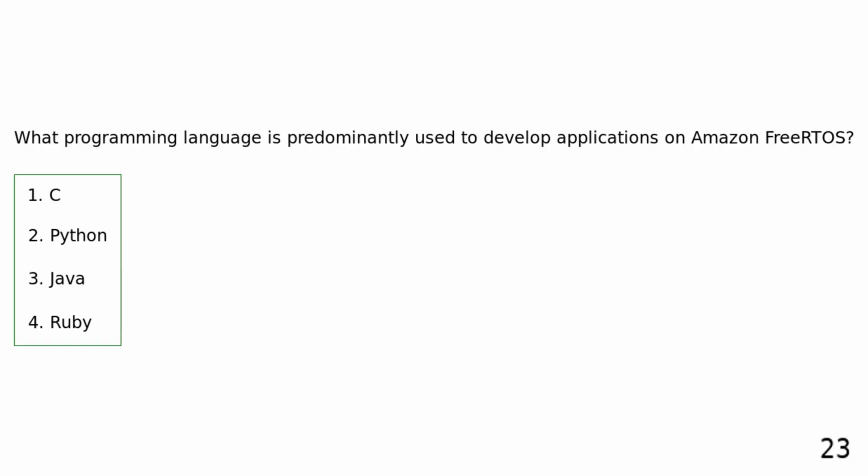What programming language is predominantly used to develop applications on Amazon FreeRTOS? C, Python, Java, Ruby.